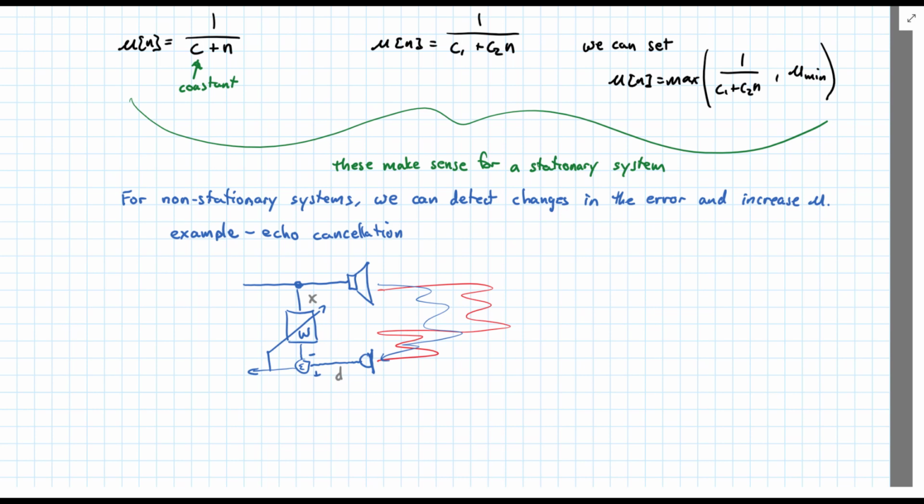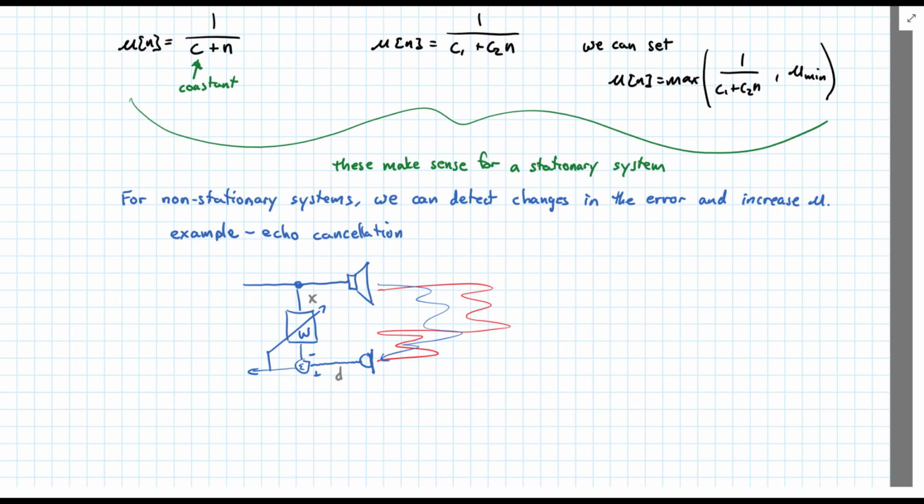And a lot of work has been put into making this work for telephone systems of all sorts. But what it comes down to is that we need to have a small misadjustment error, in other words, a very small mu. On the other hand, we need to respond very quickly when there's a change in the environment in the room, hence this variable step size.